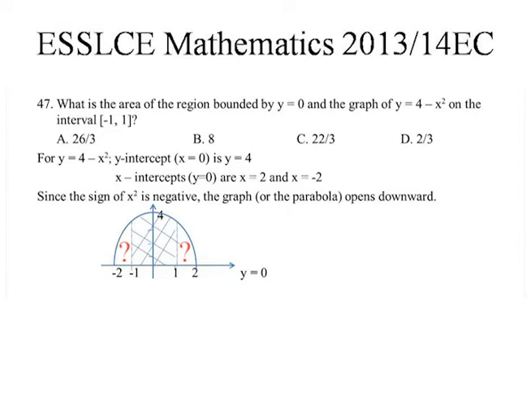Thus, the area is calculated by using the formula: area is equal to the integral of 4 minus x squared, where x ranges from -2 up to 2, minus the integral of 4 minus x squared dx, where x ranges from 1 up to 2, then multiply this second integral by 2. One is representing the region, the unmarked region from -2 up to 1, and the other one is representing the unmarked region from 1 up to 2.